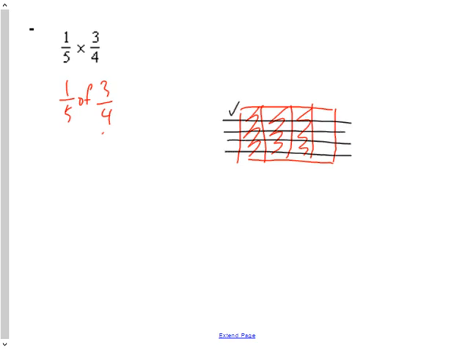And this check mark represents 1/5 of the 3/4. So it used to have a denominator of 4, and now it has a denominator of 20 parts. 1, 2, 3 parts of which I get to keep. So my answer is 3/20. If I multiply my numerators and multiply my denominators, I also get the answer of 3/20, but this is the picture right here.